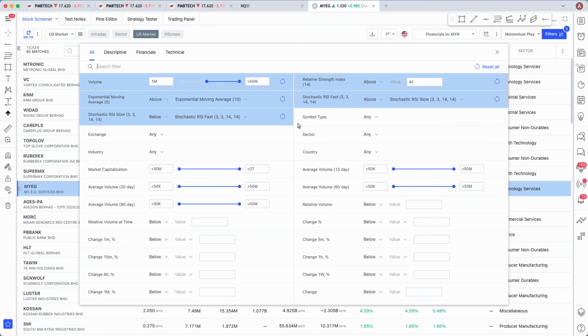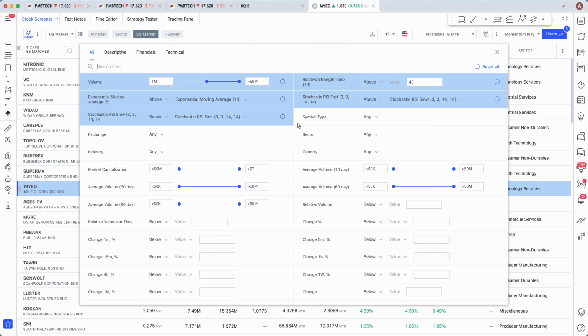If it trades below 50, we can call it a bearish direction. So when the counter goes from a low relative strength and breaks through the 40 relative strength, that is where a lot of reversal or potential momentum plays can be found, right? So yeah, that's why I use 40.